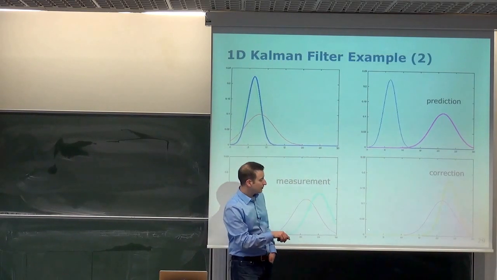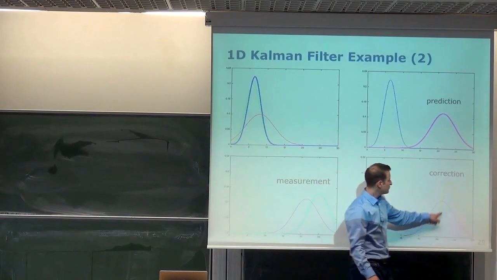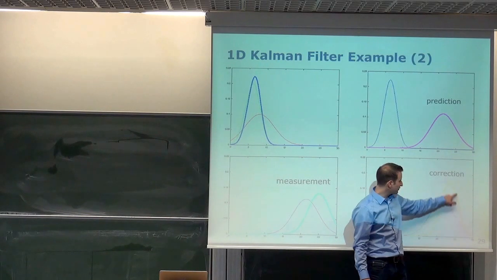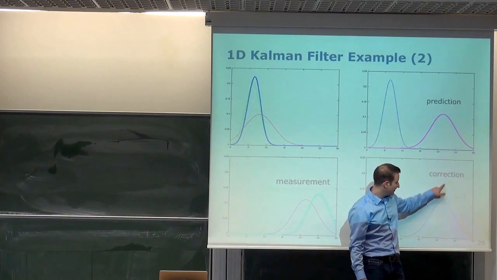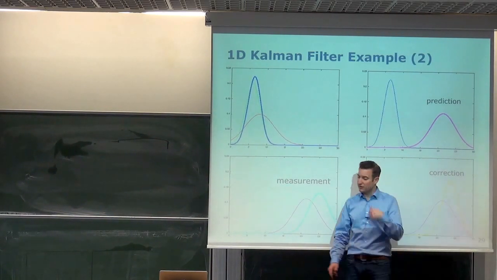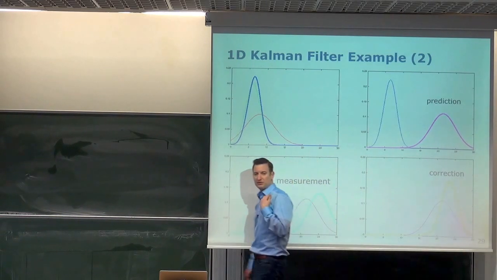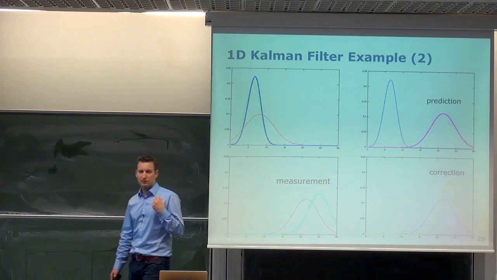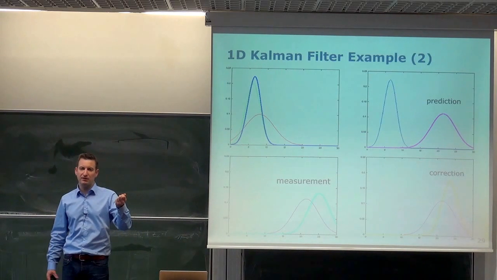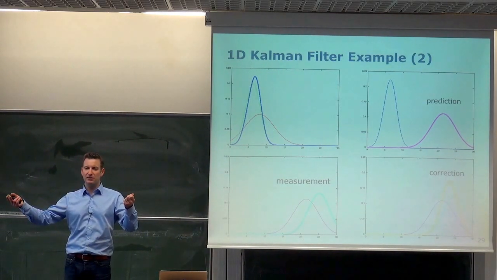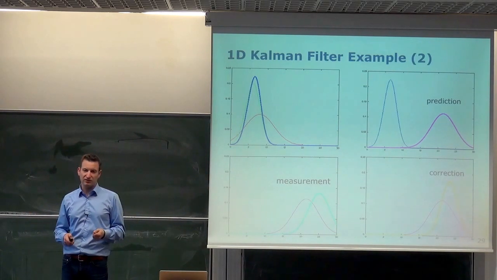And then I actually fuse those. Sorry, the yellow curve is probably very hard to visualize. And I basically iterate those steps. So I always have the prediction step, the correction step, and the question is how much do I trade off prediction and observation?